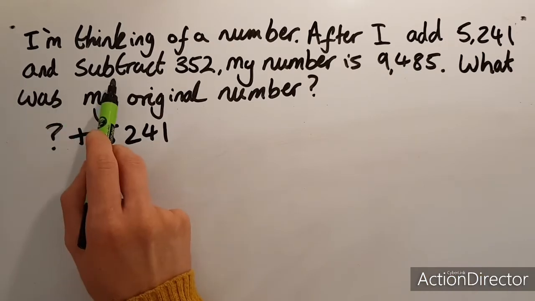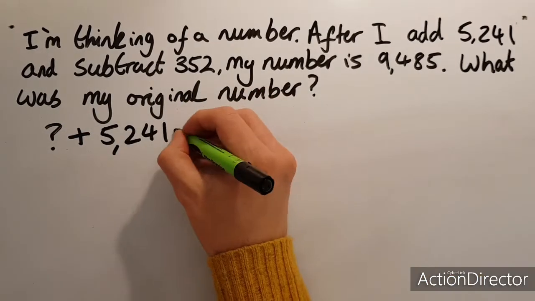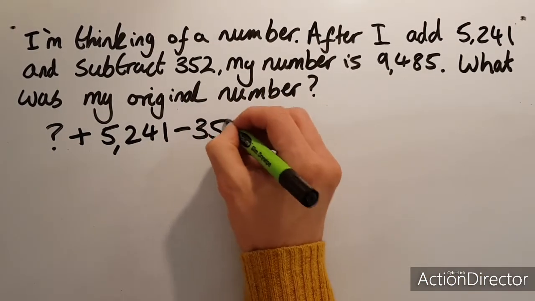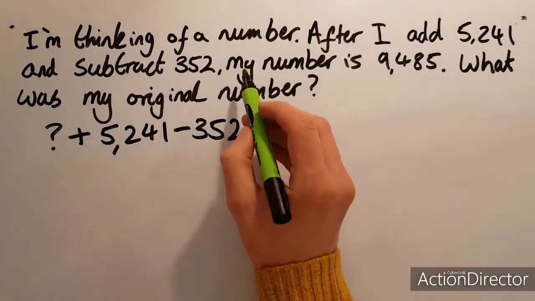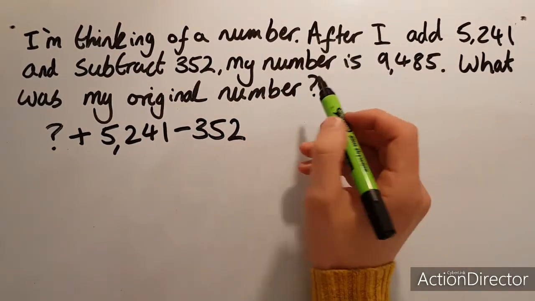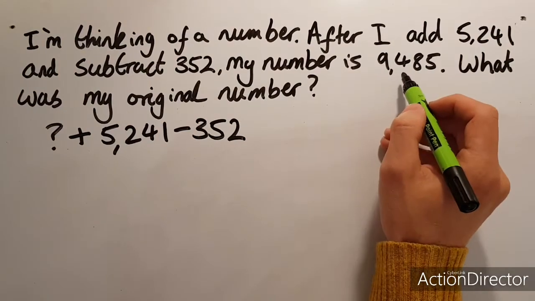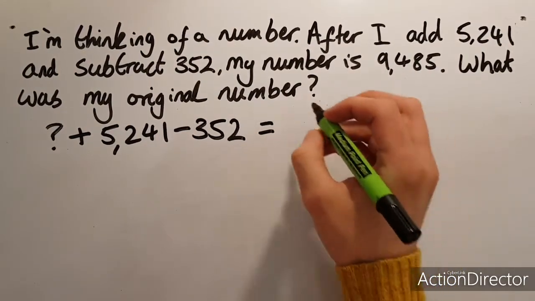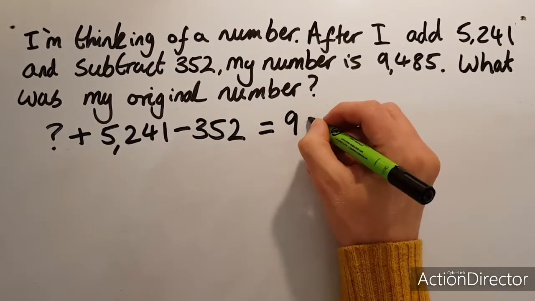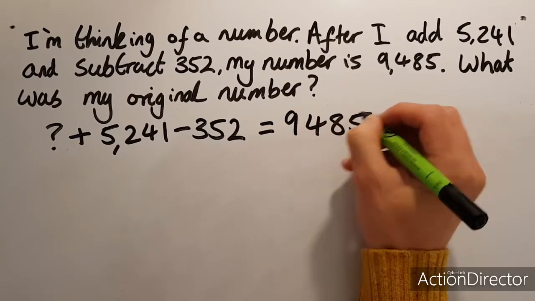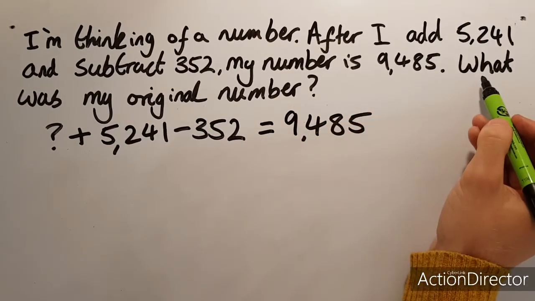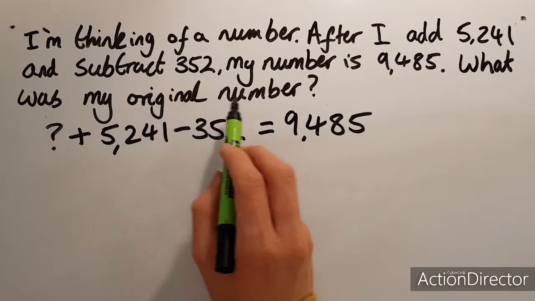And then subtract 352. My answer is 9,485. So that's what the total is. What was my original number?